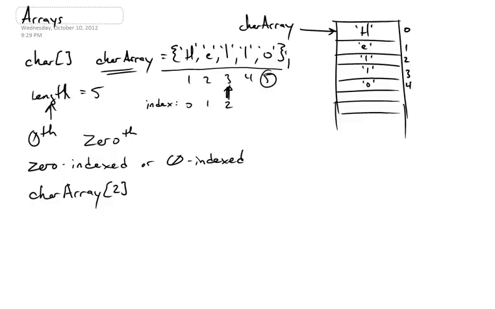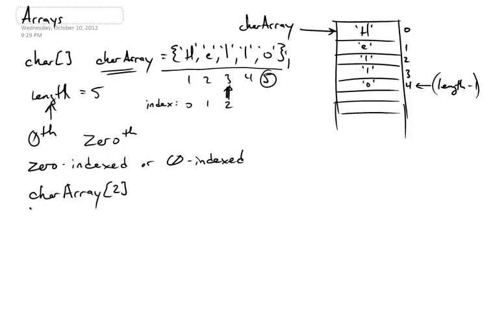Notice that the maximum index location is 1 less than the length of our array. We already know that the length of this array is 5. We passed in 5 things to it, so it's 5. And now we know that the max index is length minus 1. Right? That's the max index location.